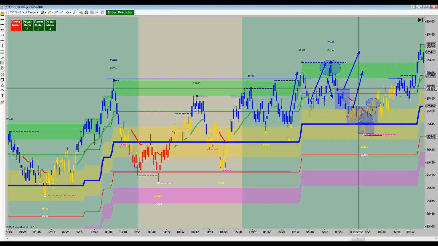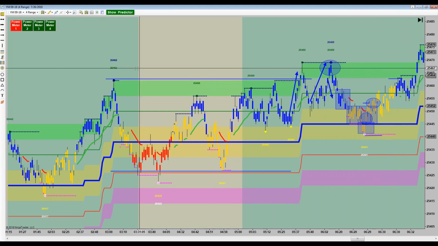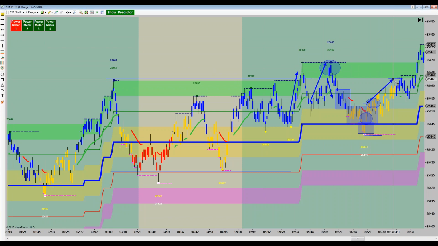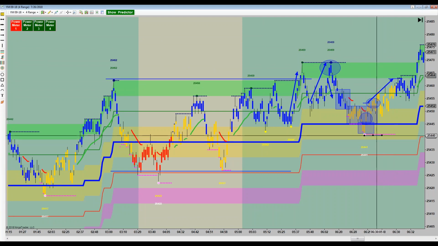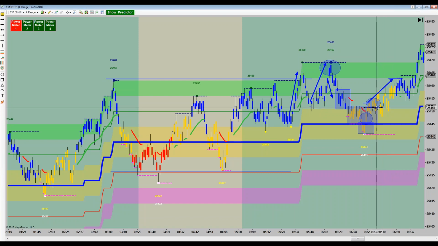I'm going to take these away because that did not happen. All right, so what happens is you're filled long two contracts. It pops up. You get filled on your first 10 tick target right here. Your two initial stops are sitting down here, 12 ticks below your entry. As soon as you hit that first target, you get your stop up 2-3 ticks behind your entry. Now you have a free trade.